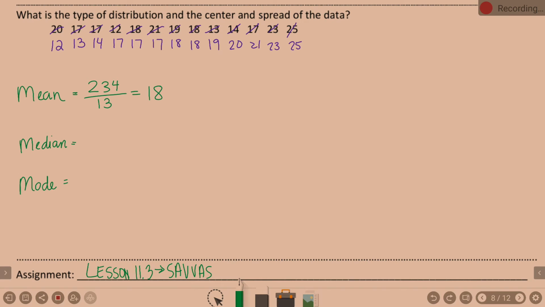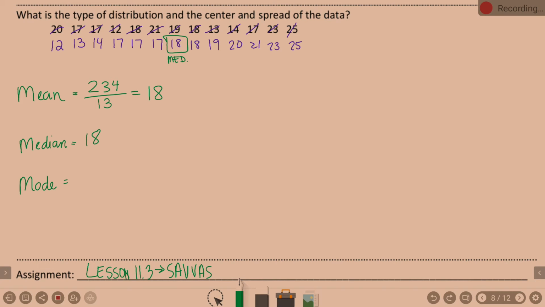So once you have all 13 numbers in order, when you count in, counting 6 in from either side, it's the 7th number in. And I believe it is the first 18, right? That is our median.